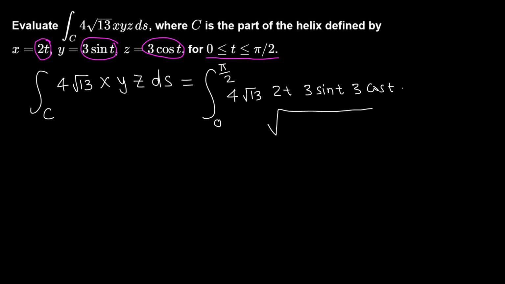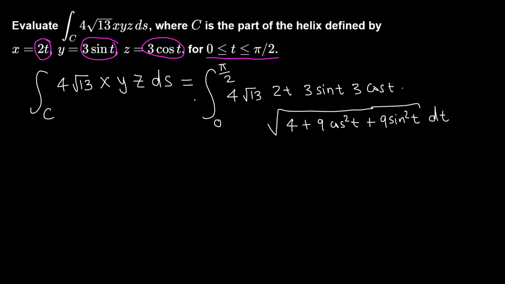So 2t, derivative of 2t is 2 squared, 4, plus 3 sine t, derivative is 3 cosine t squared. 3 cosine t squared means 9 cosine squared t, plus derivative of 3 cosine t is negative sine, so negative 3 sine squared, so 9 sine squared t, dt.